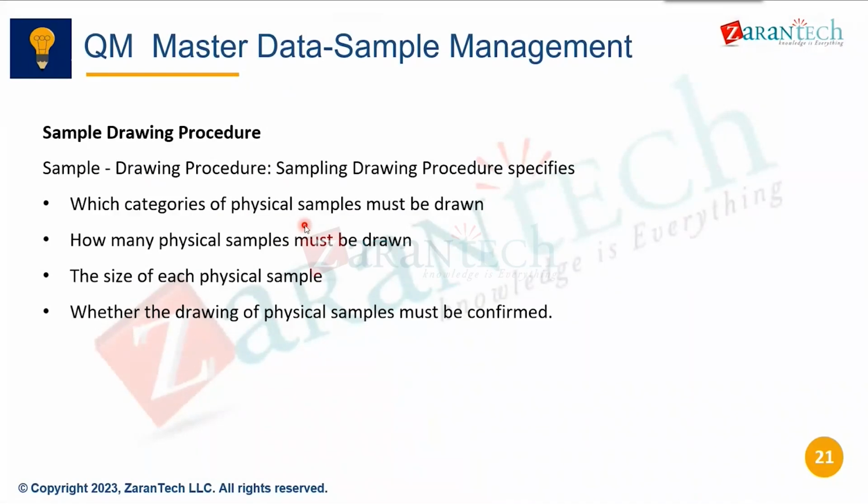Here we will define what kind of physical sample. It's a sample drawing procedure which we use to calculate the physical sample. Here we will define what kind of sample is required to be drawn, whether it is a primary sample, pooled sample, or reserve sample. We have discussed this point, right? Hello?